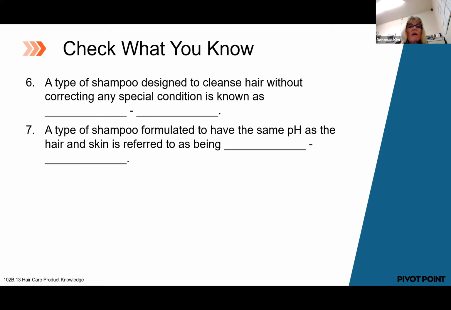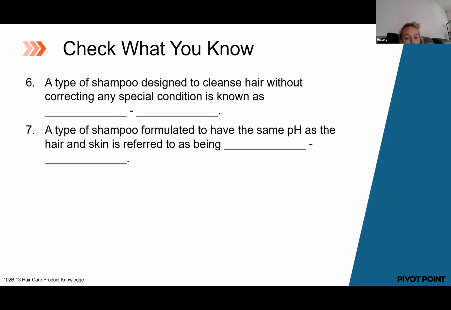Dulce. A type of shampoo formulated to have the same pH as the hair and skin is referred to as being what? I'm going to say that would be your pH balance.